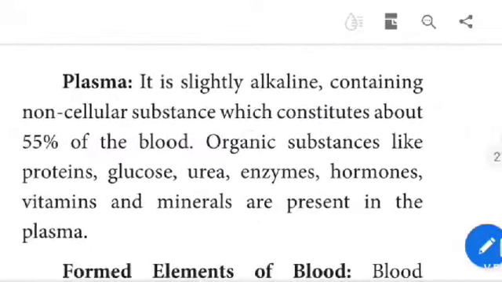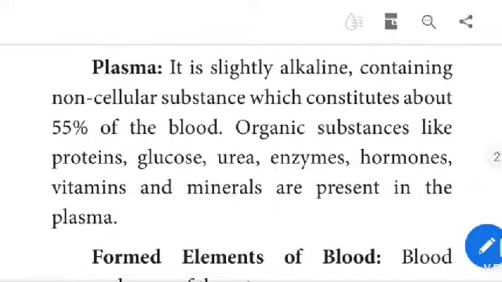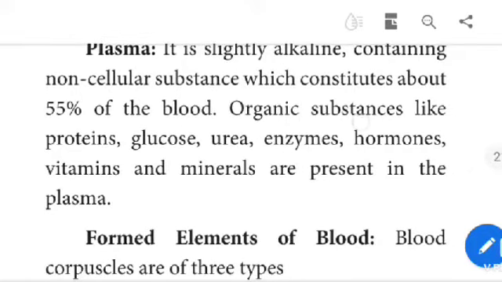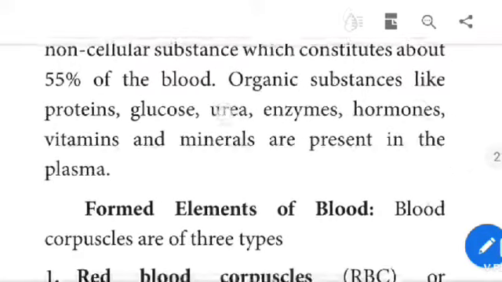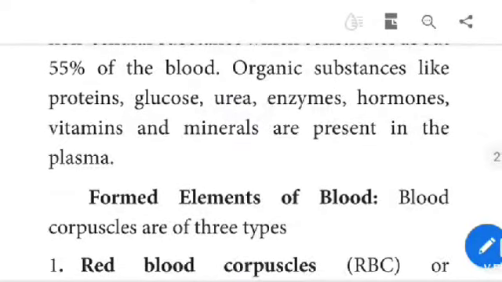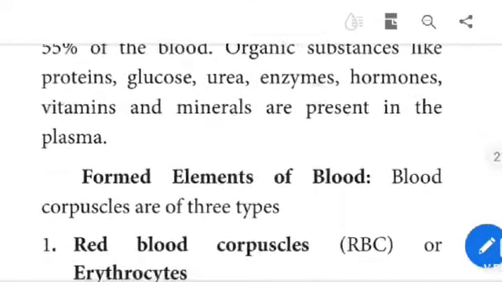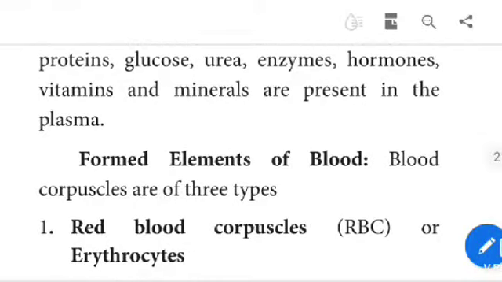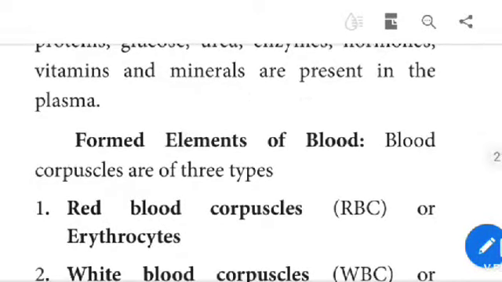Plasma is slightly alkaline, containing non-cellular substances, and constitutes about 55% of the blood. Organic substances like protein, glucose, urea, enzymes, hormones, vitamins and minerals are present in the plasma.